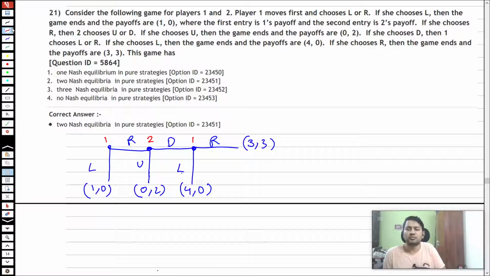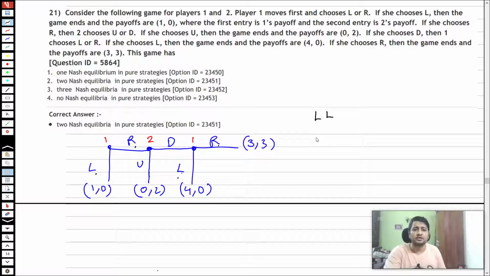So the strategy profile for player 1 is going to be 4 options. Either he chooses L at every position, that is he picks L here and L here. There are two decision nodes of player 1 and he can pick left or right everywhere.